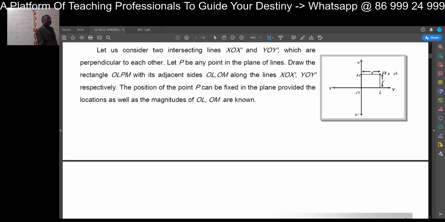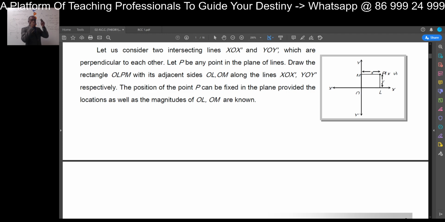Nothing but y. What is its distance from the y-axis? Nothing but x, that is 2. Because it is a distance, we have to take only the positive quantity of it. So you have to understand that if you take a point A comma B, the point AB is at a distance of B units from the x-axis and A units from the y-axis.